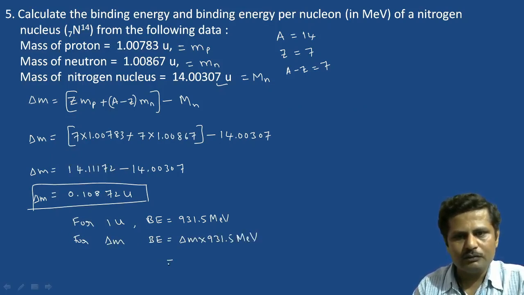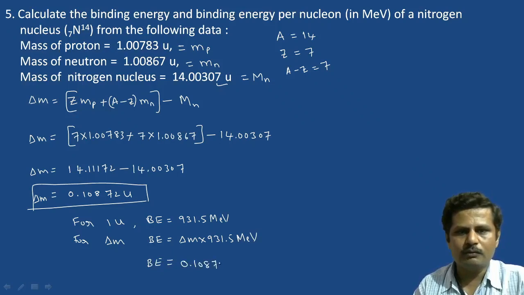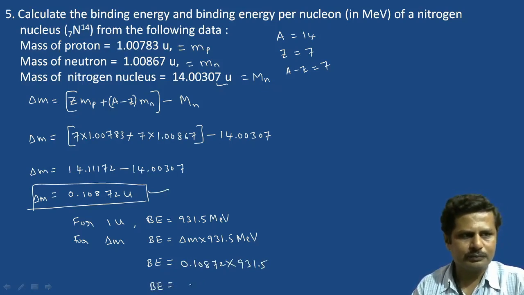Now just substitute the mass defect we found just now, that is 0.10872 times 931.5 mega electron volt.